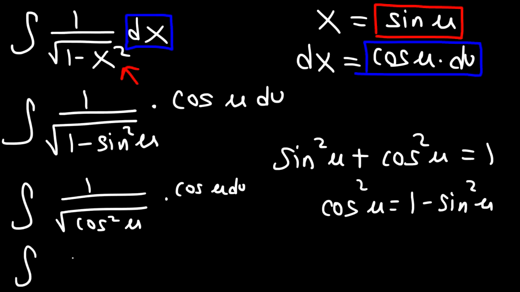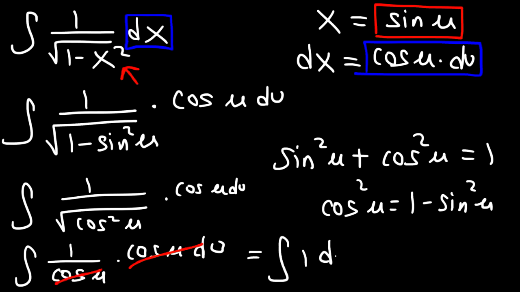And the square root of cosine squared is just cosine. And cosine divided by cosine is 1. So we have the integral of 1 du, which is u plus some constant c.